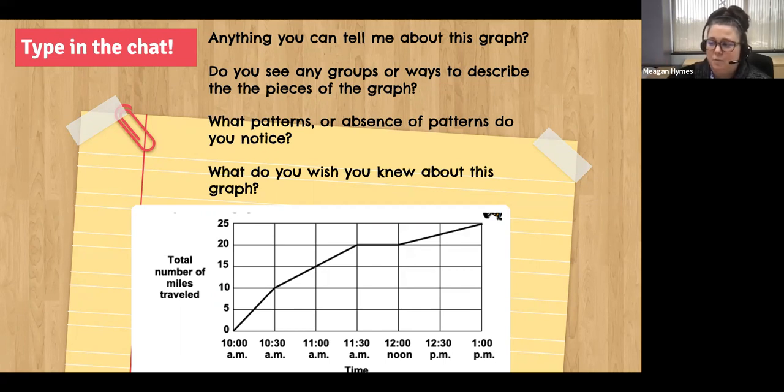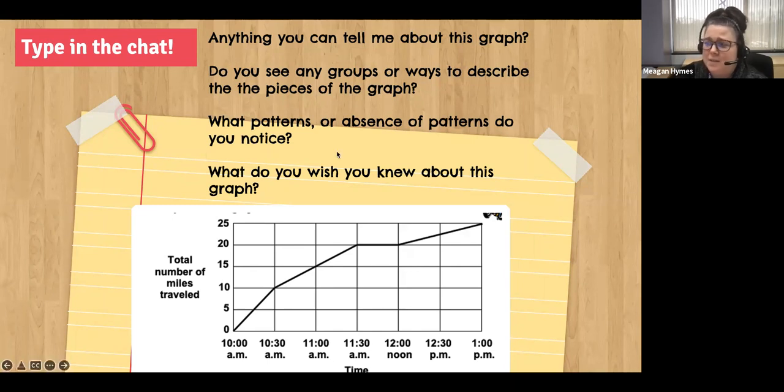Usually I will provide them with a graph or a piece of a visual from the story problem, and first work through, what can you tell me? It's a little bit like a notice and wonder, but you're really looking for that math language. It's not just, well, tell me anything, which is fine to start with, but really you're trying to get them to hone in on the math language you're developing around whatever numeracy activities you're doing in the classroom.